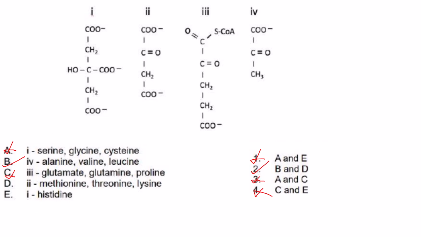So that makes D correct. Then E, histidine. I told you 1 is citrate, and for histidine, it is ribose 5-phosphate that is involved. So that makes E also wrong. So your answer is option 2, that is B and D, which are the right answers.